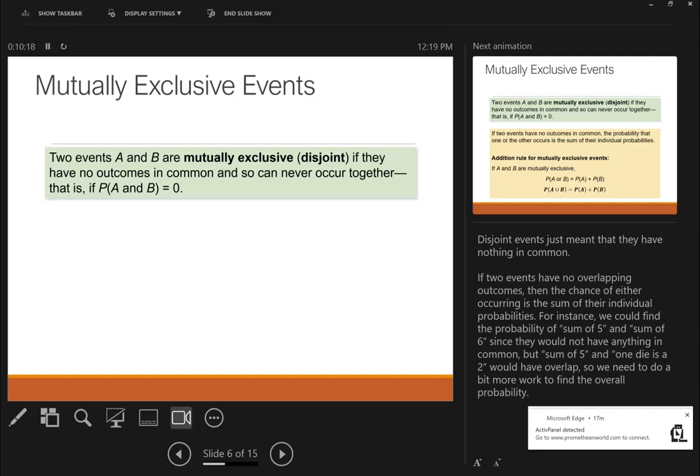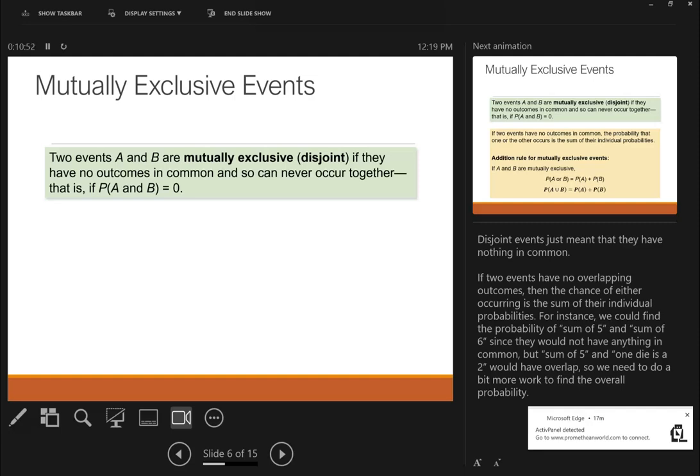So who can give me an example of mutually exclusive events? How about if you're flipping a coin? You'll never get heads and tails of the same one. Yeah, heads and tails are mutually exclusive events. You flip a single coin, you can't ever get both heads and tails at the same time.